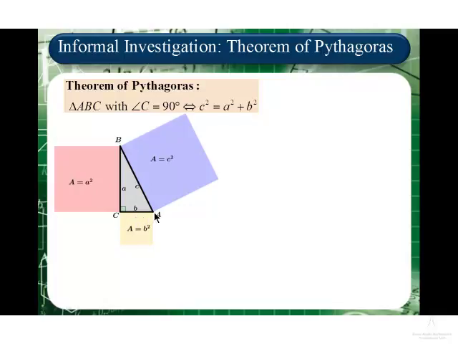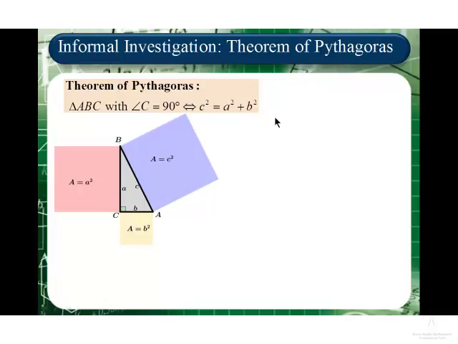If I take this area and I add it to the area of the square on the other side CA, which is obviously linked to the right angle C in this case, then this side length being small b, the area in this case will be b squared. So if you add these two areas, you get exactly the area of the square on the hypotenuse side. In other words, the length c squared gives us the area of a square on this hypotenuse side, and the sum of these two areas will be exactly the same as the area here.